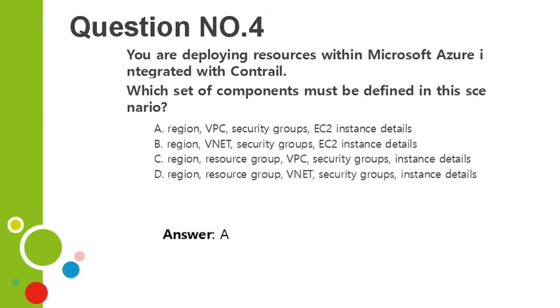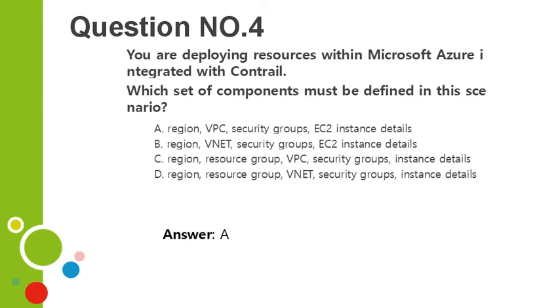Question number 4. You are deploying resources within Microsoft Azure integrated with Contrail. Which set of components must be defined in this scenario? A. Region, VPC, Security Groups, EC2 Instance Details.